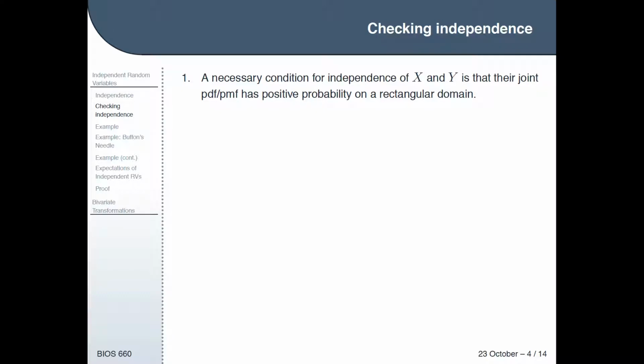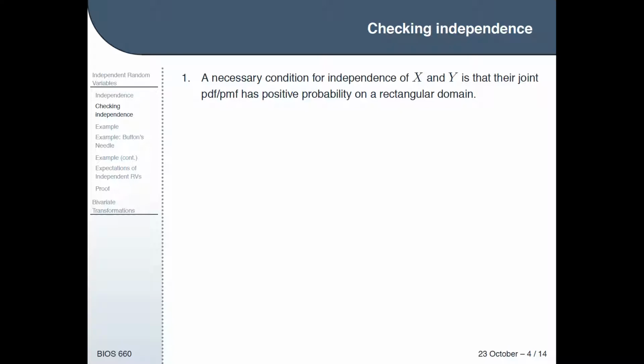So, how do you see if two random variables are independent? Well, first of all, their joint PDF or joint PMF has to have positive probability on a rectangular support. If that's not the case, then you already know that they're not independent. A case where that wouldn't happen would be, say, that x and y are normal, and you're given that x plus y is less than or equal to 3.